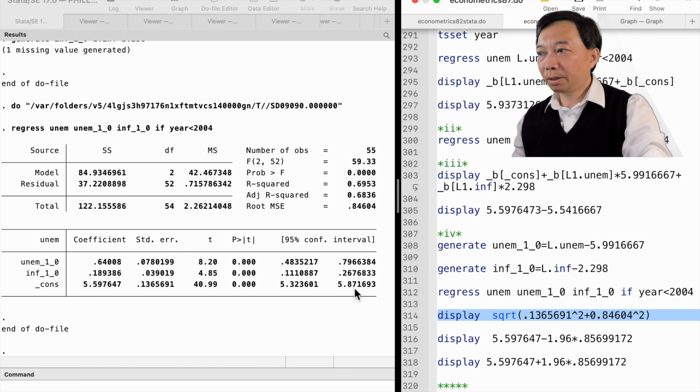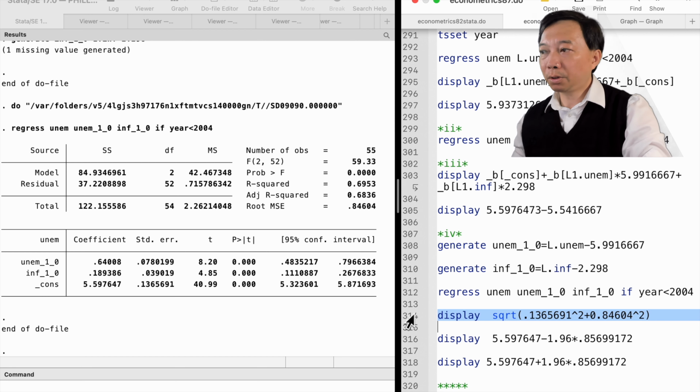The intercept is the prediction. We can find its standard error and the 95% confidence interval. The 95% confidence interval is between 5.32 and 5.87. The actual unemployment rate, 5.54, is in the interval.